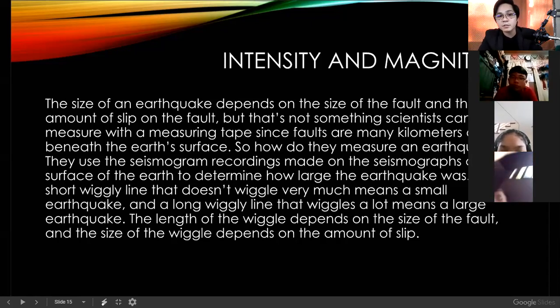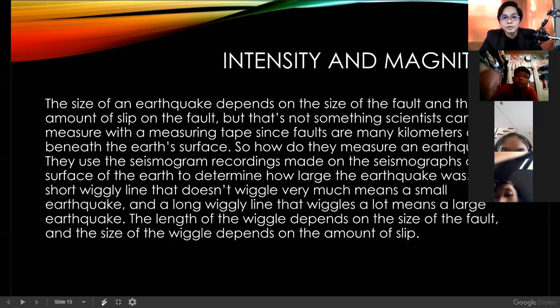Have you seen a seismograph? No, sir. Okay. A seismograph looks like an instrument that you put in the ground, okay?